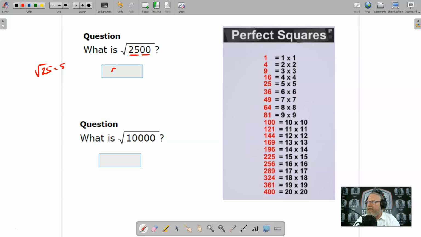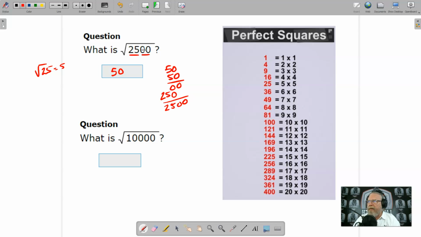So what if we took that 5, that's the square root of 25, put a 0 on the end, then if we did 50 times 50, well, let's see what happens. 50 times 50, 0 times 0 is 0, 0 times 5 is 0, 5 times 0 is 0, 5 times 5 is 25, and indeed, sure enough, we get 2,500.